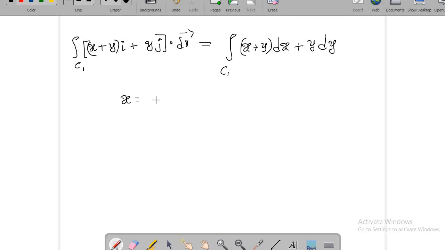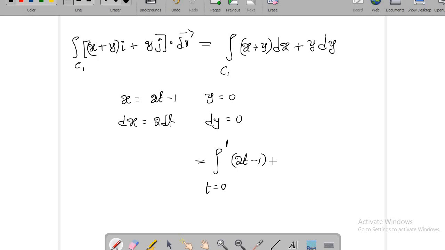For C1, x is 2t minus 1, whereas y is 0. From this you can see dx is 2 dt, and dy is 0. So when you plug in, the integral from t equal to 0 to 1 of (2t minus 1 plus 0) times 2 dt, plus y, which is 0, times dy, which is also 0.